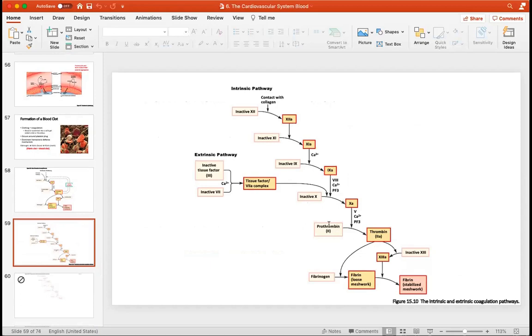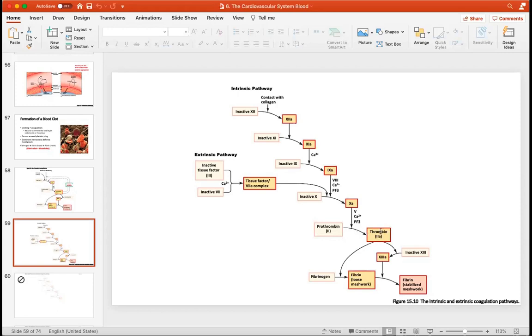So going from prothrombin to thrombin, or 12 to 12A, remember having that A at the end of the numeral here, the Roman numeral, is indicating that the clotting factor has been activated. And that happens with the help of these things here. So factor 10A, which was already activated previously. We've got factor 5, calcium, and then platelet factor 3.